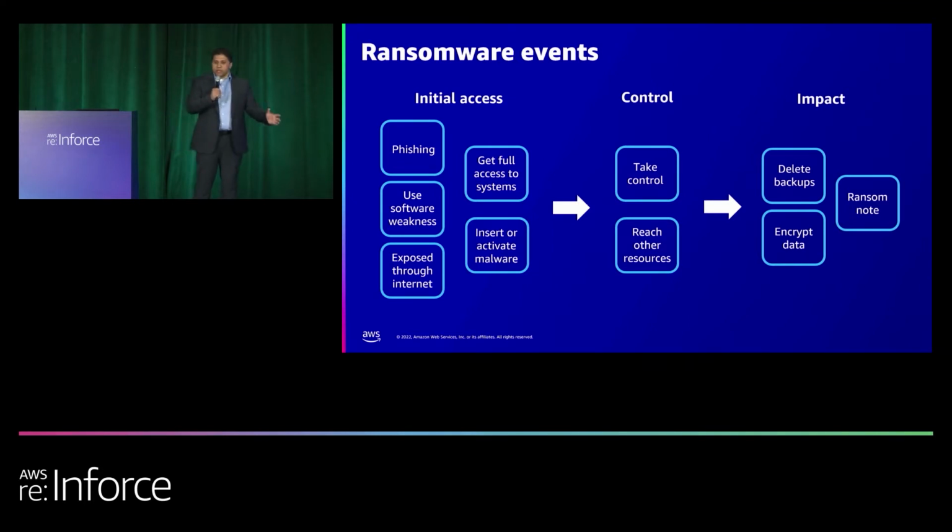There could be encryption, and finally, going back to where we started, the ransom note, which tells that it was a ransomware event. So while devising strategies to protect your data, it has to be an approach that takes all these factors into consideration.